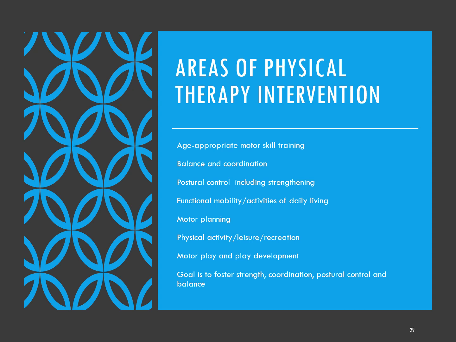Just planning out motor sequences can be helpful. Physical activity, including leisure and recreation activities, so anything that they want to participate in beyond their ADLs. Motor play and play development are going to be integral components of any pediatric intervention plan of care, and knowing that our goal is to foster strength, coordination, postural control, and balance.